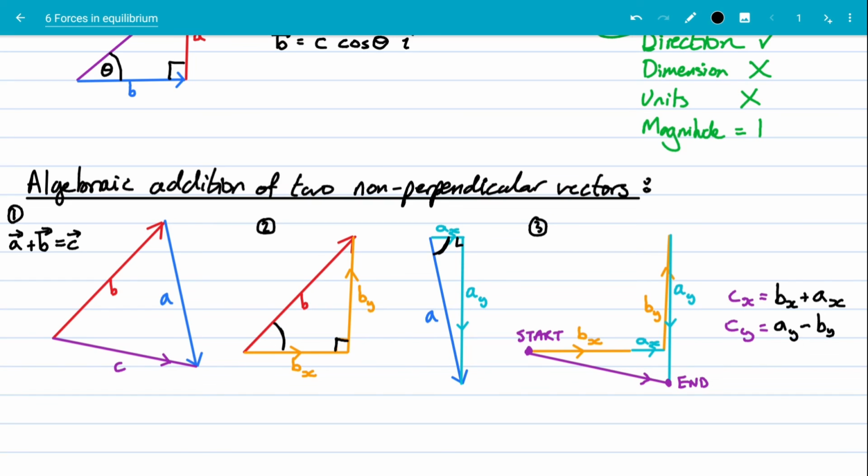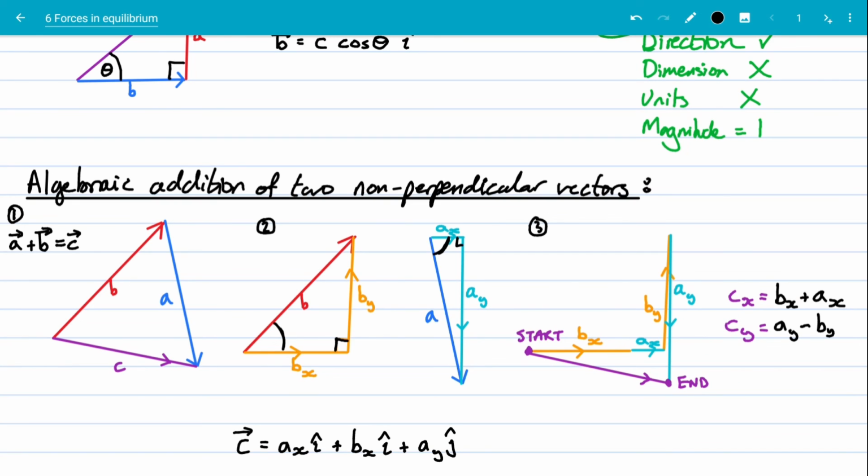So what we're actually saying here is that C is equal to AX in the I direction plus BX in the I direction plus AY in the J direction.